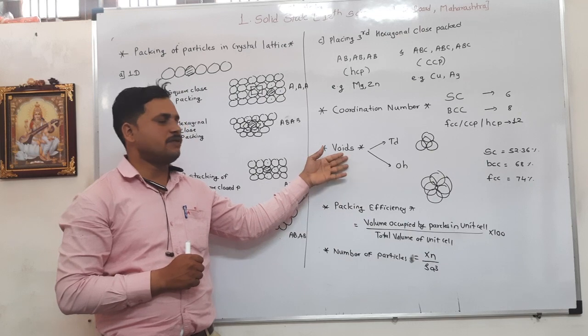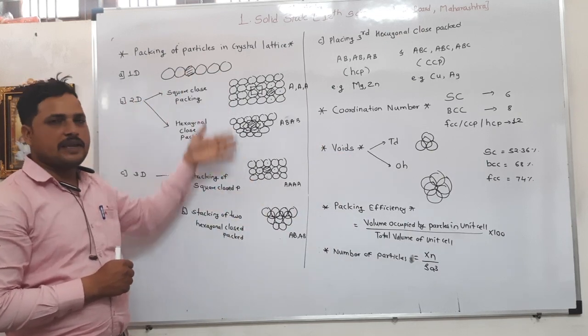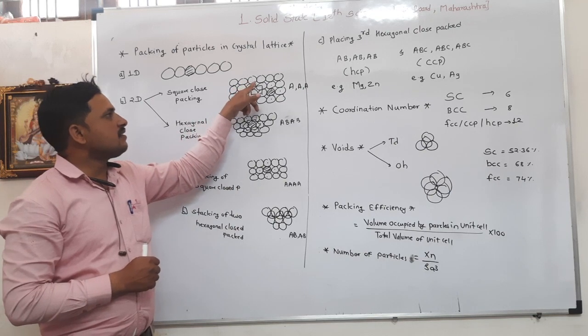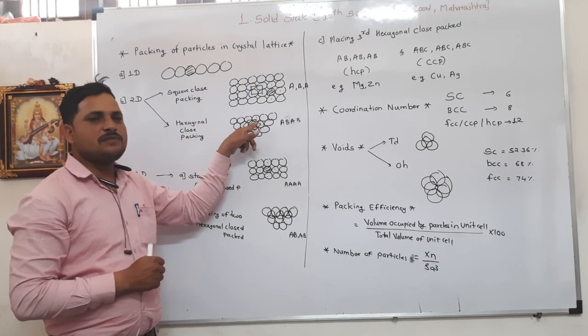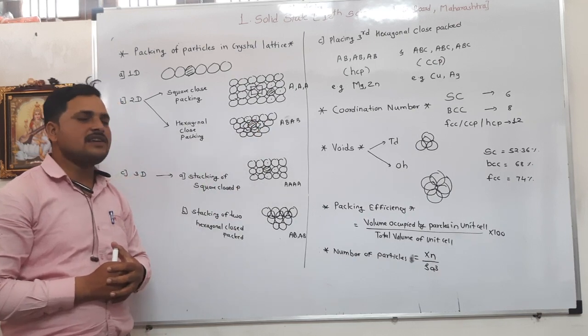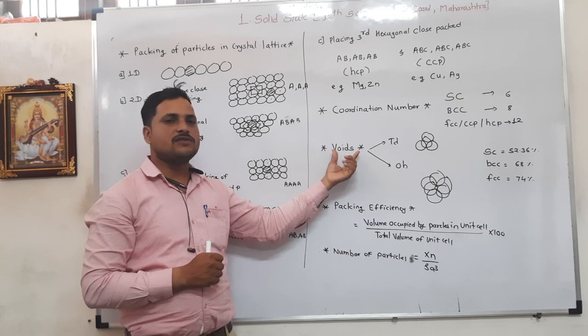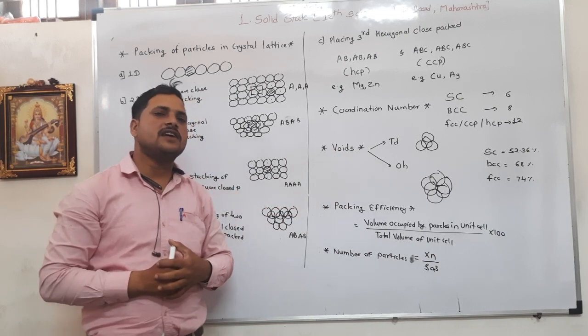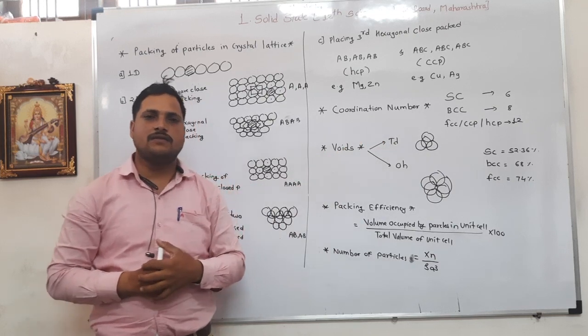Next point. While packing, the empty spaces between these spheres are known as voids. The empty spaces in a packing or crystalline solid are known as voids. It has 2 types, tetrahedral voids and octahedral voids.